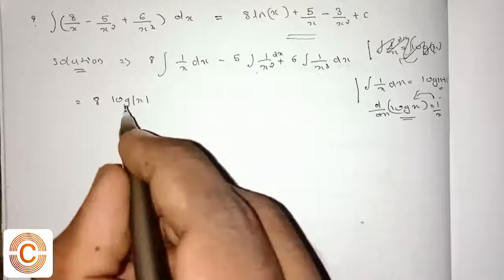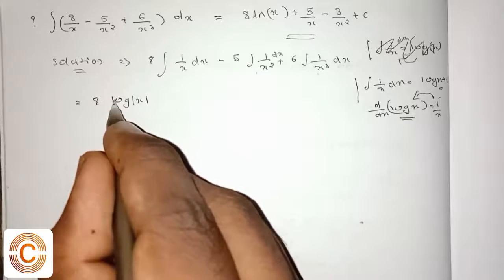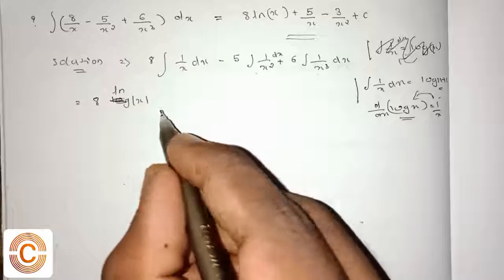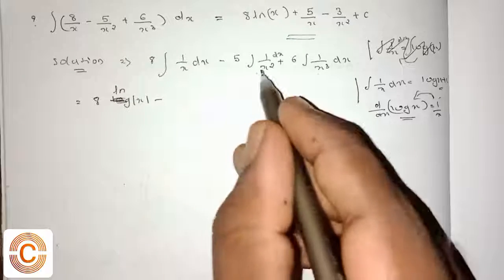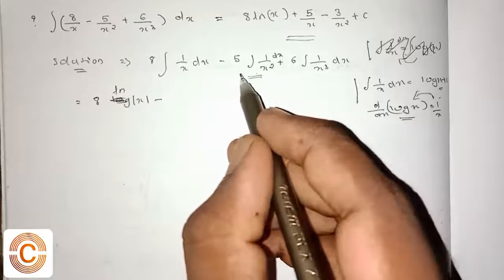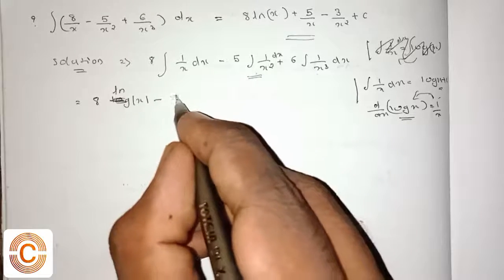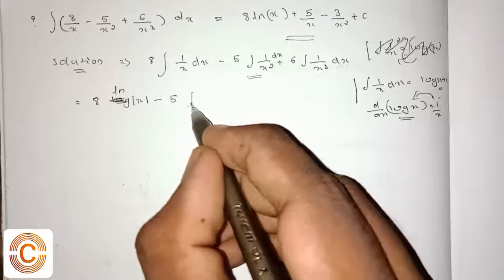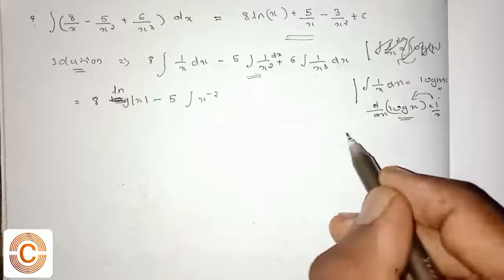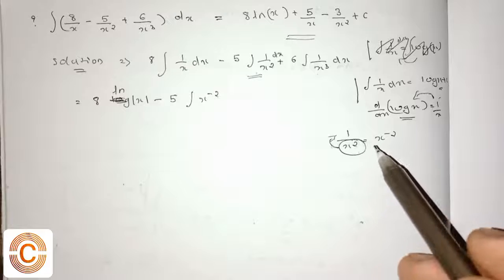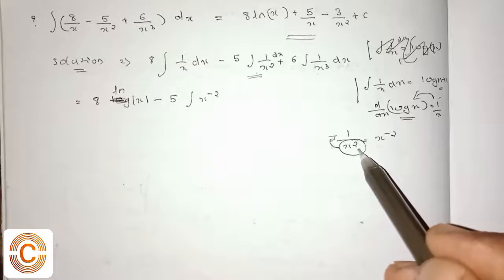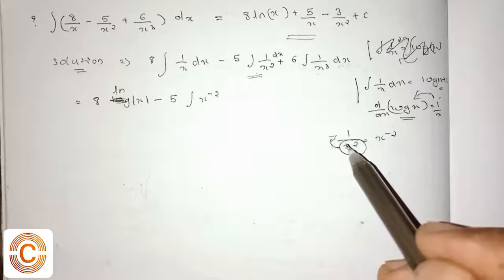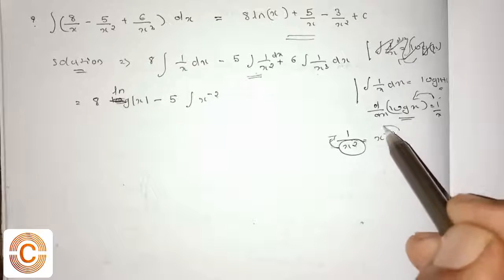Then in the next term, note here that we want to write not log but natural log, ln of mod x. Minus in the second term, that is minus 5 into, 5 is a constant, and we can write the integral of 1 divided by x square as integral of x raised to minus 2. Since 1 divided by x square has x square in the denominator, when taking the denominator term into the numerator, we get x raised to minus 2.